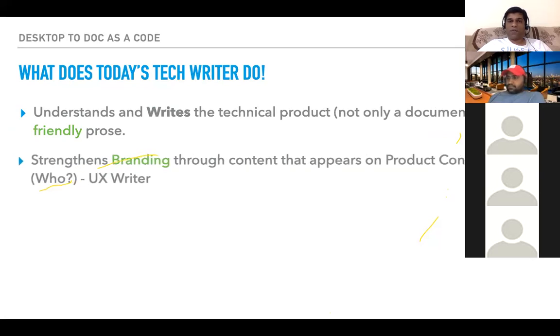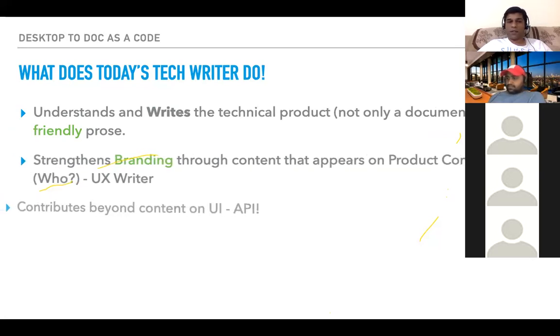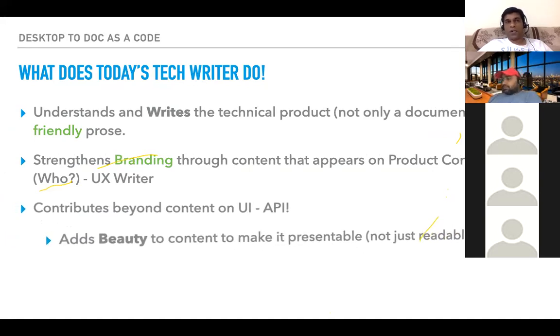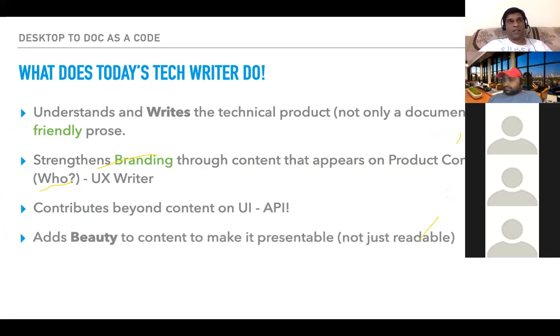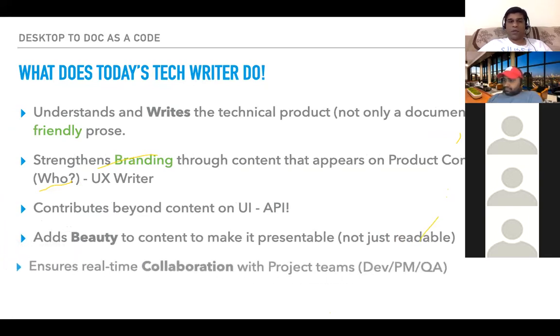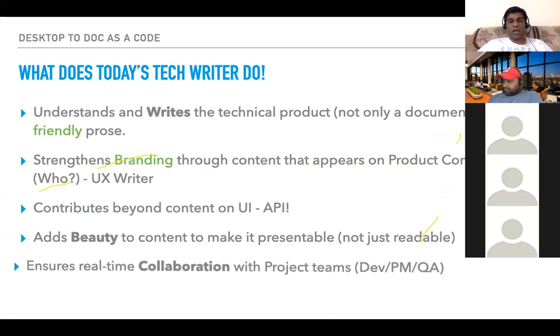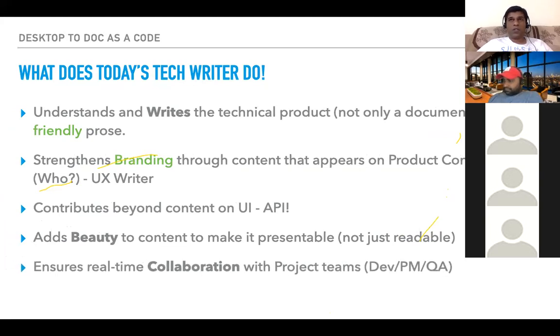When we say friendly prose, we just write. Styling and formatting is what adds to beauty, because the document doesn't only have to be readable, it has to be presentable also. And now the current demand is that you don't work in isolation. You have to collaborate properly and in real time with the project teams.